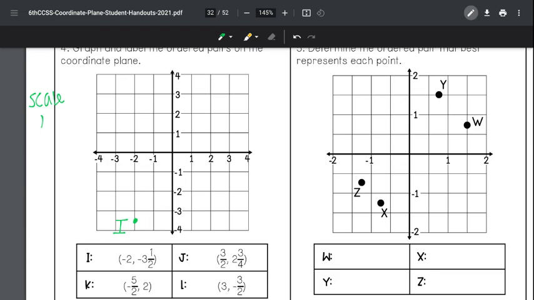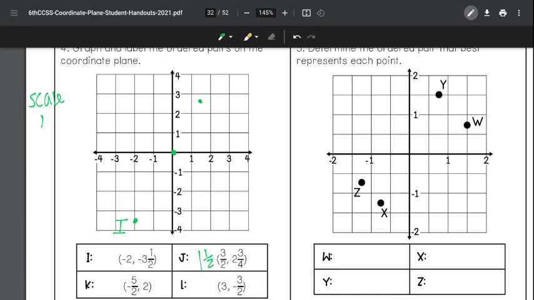J, 3/2, comma 2 3/4. 3/2, everybody write down as 1.5. So it's really 1.5 and 2 3/4. So I'm going to go from my origin, 1.5 to the right, and then 2, and about 75% of the way up towards 3.